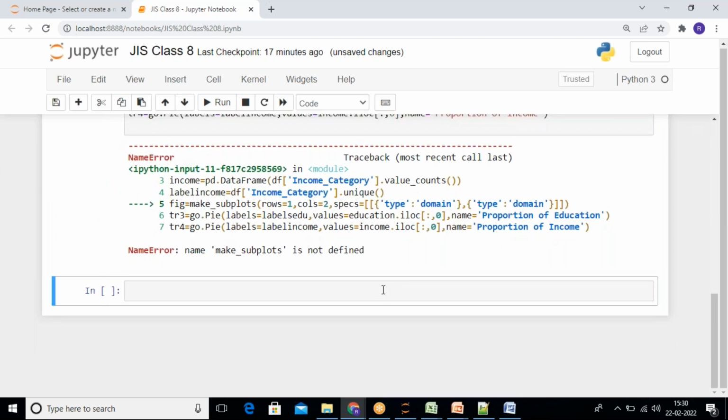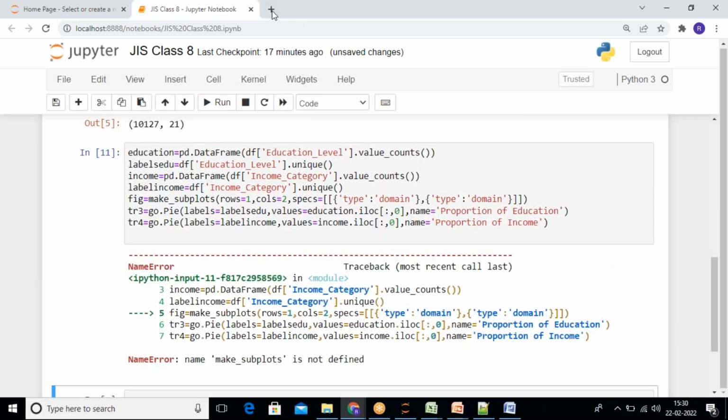Name error, make subplots is not defined.